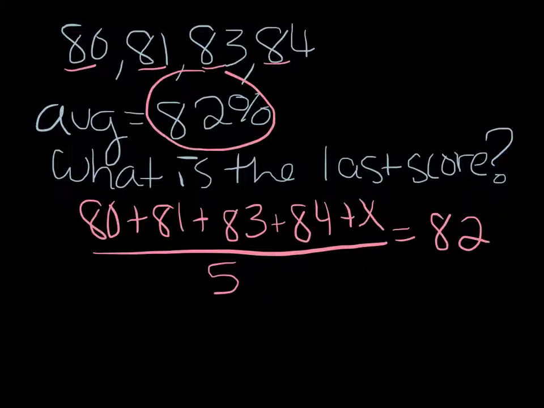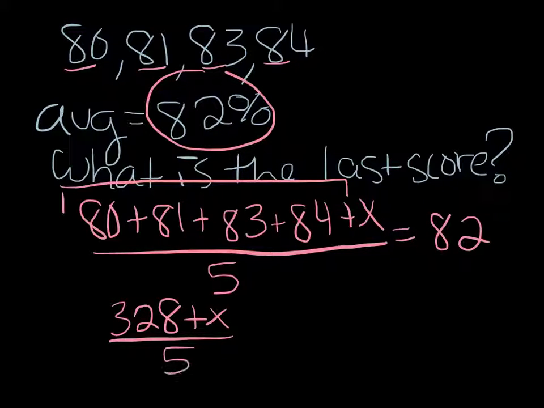Okay, we're going to add up our numbers on the top. And when we add those up, we get 328 plus x over 5 equals 82.